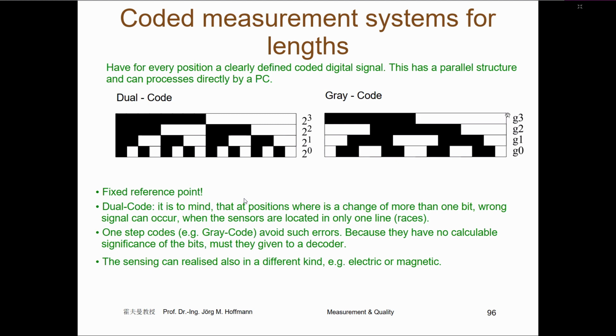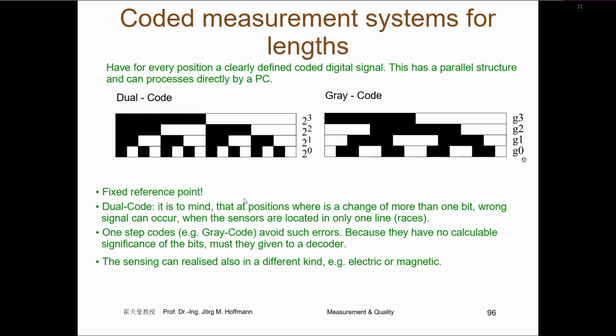But when you would like to have a high resolution distance measurement and you have 12 bits or so, then you need 12 lines to build the code. That means the coded measurement systems normally are not as easy to realize as incremental measurement systems.